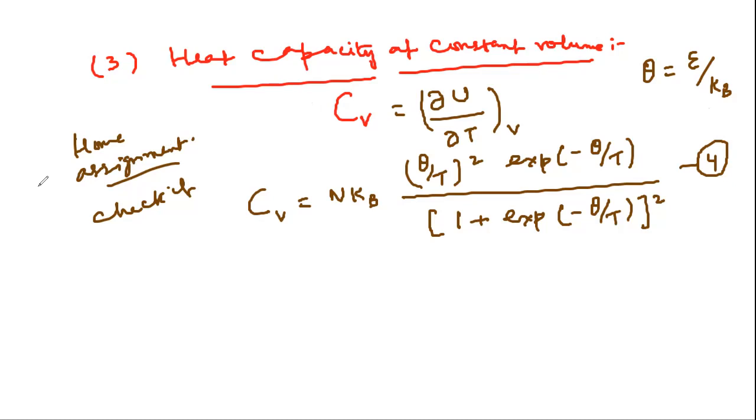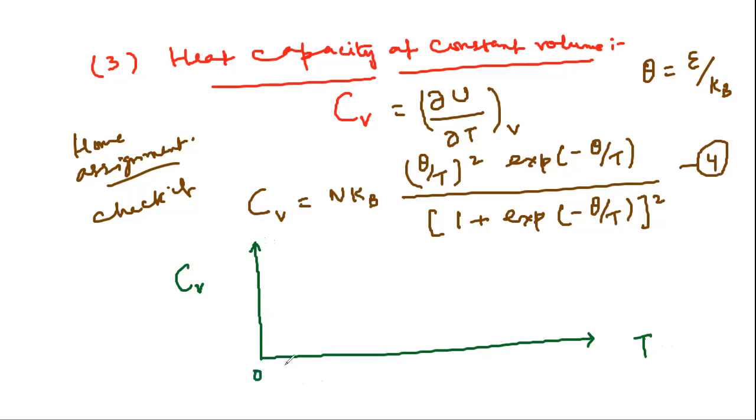Let me use this green color. So it varies with temperature like this. On this side I have my Cv of the assembly, and on this side I have temperature.